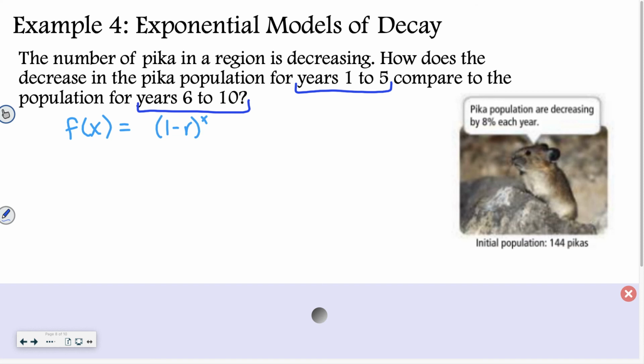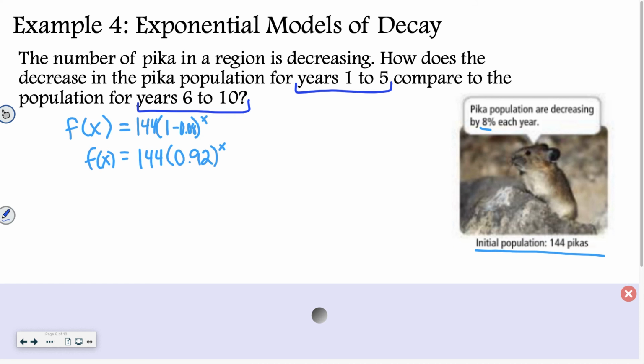A represents my starting value, which is my initial population of picas, 144. And then R represents the rate of decrease. In this case, it is 8% each year, so 0.08. So if I simplify this, f of x equals 144 times 0.92 raised to the x power.